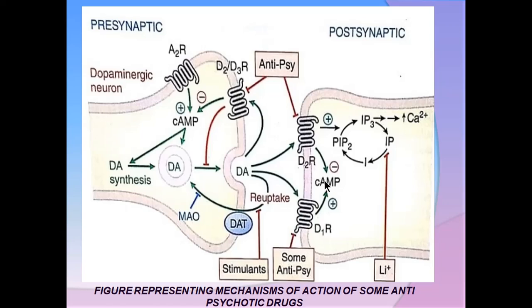Initially in antipsychotic treatment, DA neurons release more DA, but following repeated treatment, they enter a state of physiological depolarization inactivation with diminished production and release of DA, in addition to continued receptor blockade.